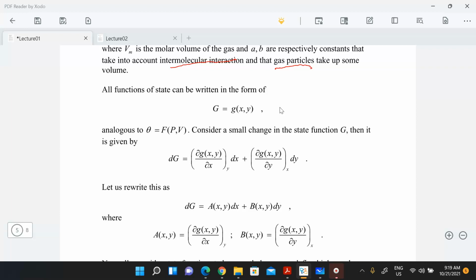So for example, if you want to see how the state function changes with respect to the independent variables, you know how to take the differential of the function itself, and this would be the partial derivative of your function here.